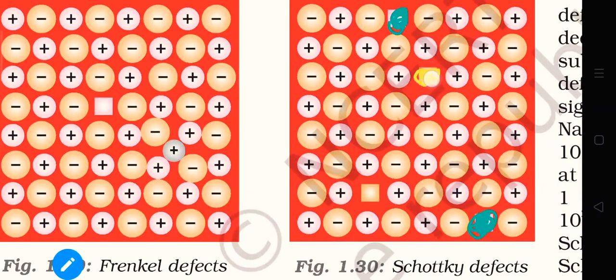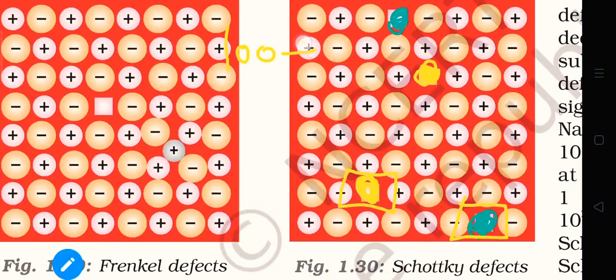At the same time, this location belongs to a negative ion, and similarly this location also belongs to a negative ion. So if you remove one positive ion, you have to remove one negative ion as well. The number of positive and negative ions removed in Schottky defects is equal, and because of that total charge will be maintained.